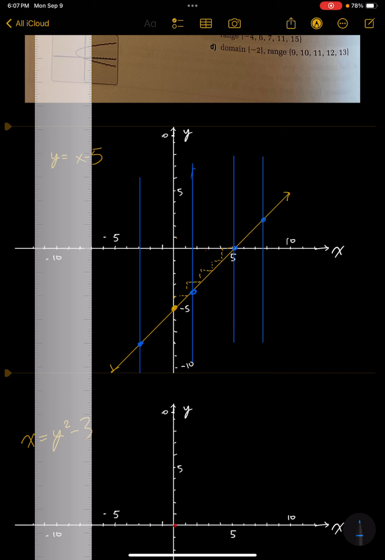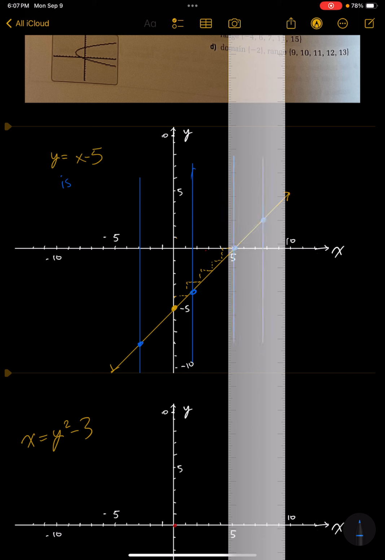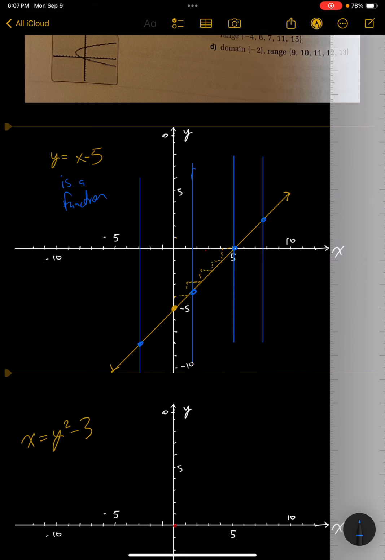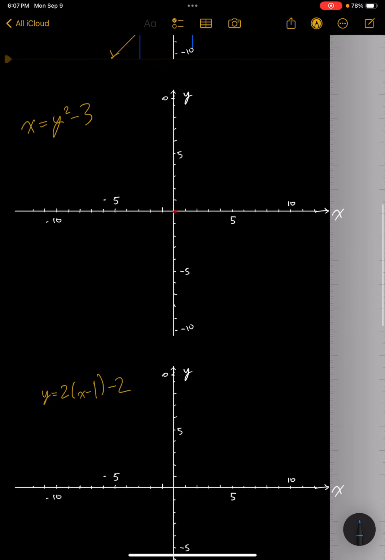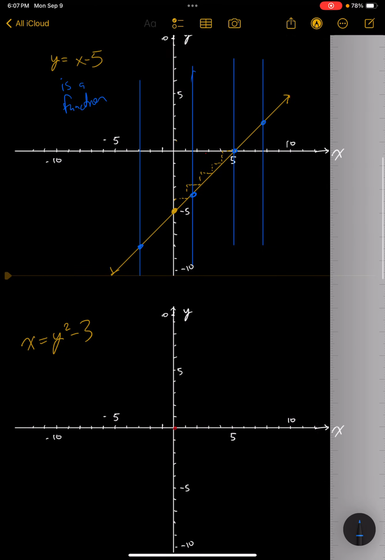And the answer is 1. And if the answer is 1, then it's a function. So this is a function because it's a 1-to-1 relationship. For every value of x, we only have one value of y.